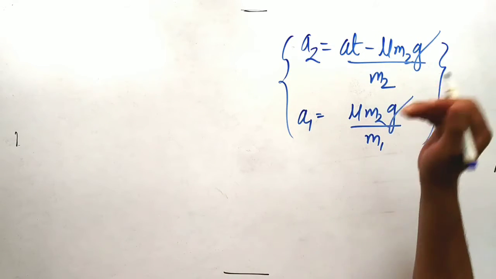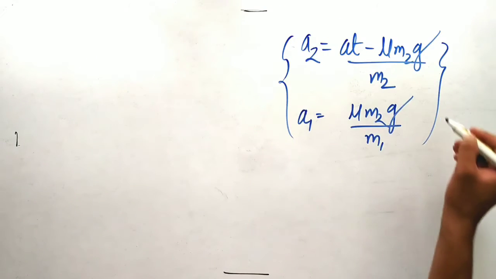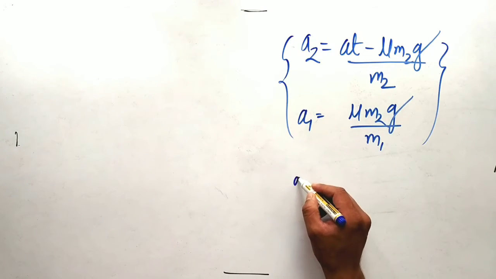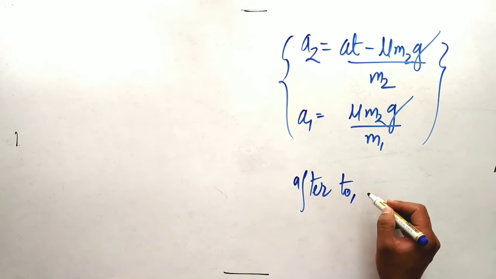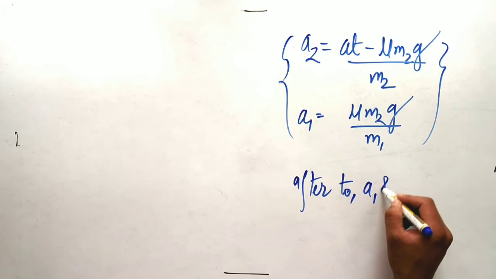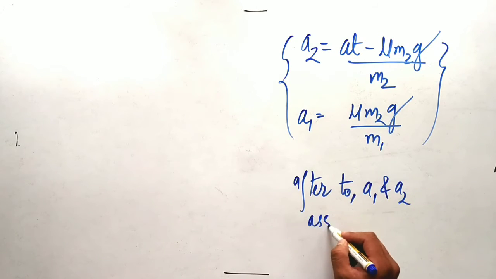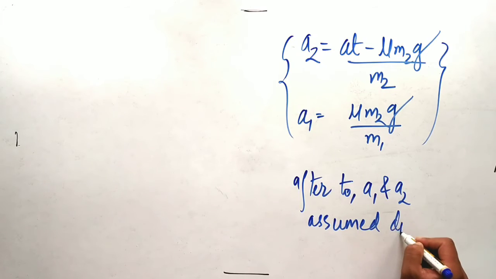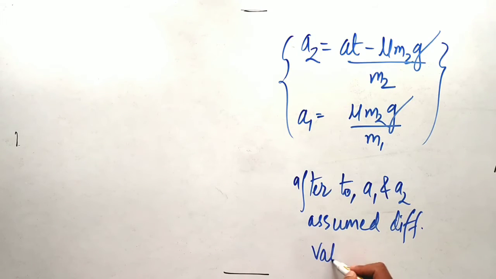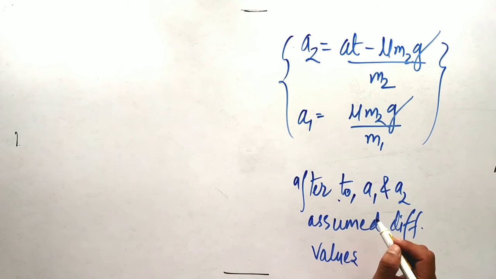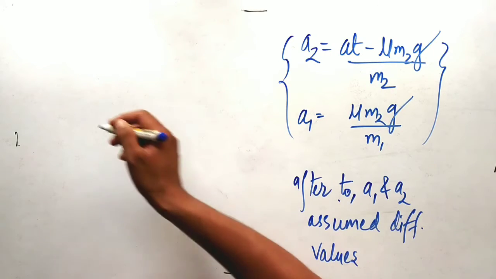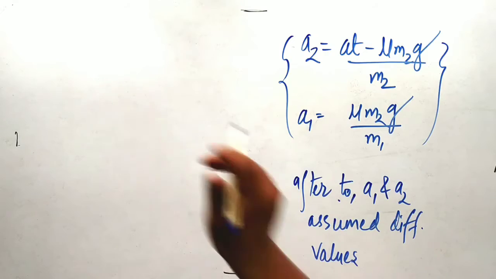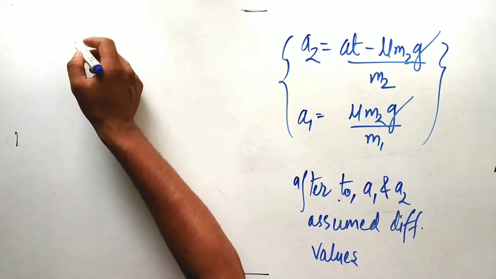We are going to name that value T0. After T0 time, A1 and A2 assumed different values, which means till the time T0, they had the same values.